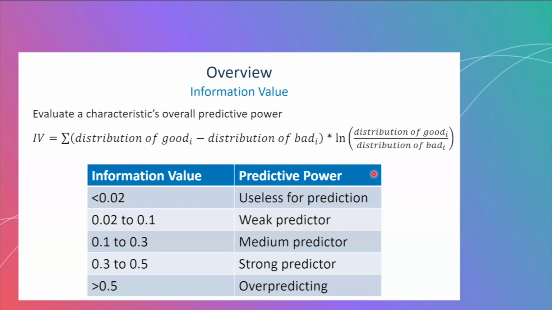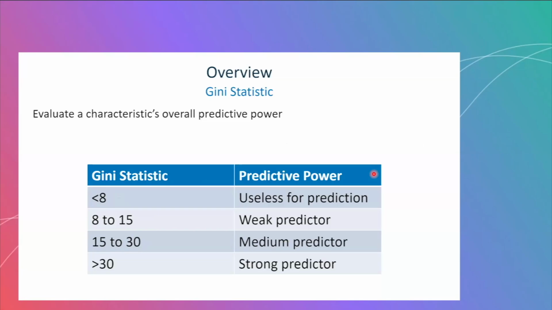The lower the value, the more redundant the variable; the higher the value, the more important or significant the variable. So that's how typically the variables are looked into. Alternate to the information value, we might also want to use statistics like a Gini statistic or Gini's coefficient.